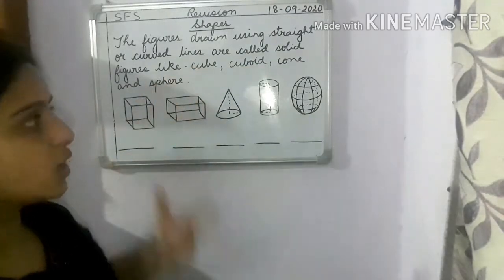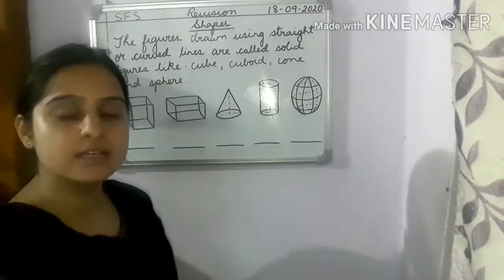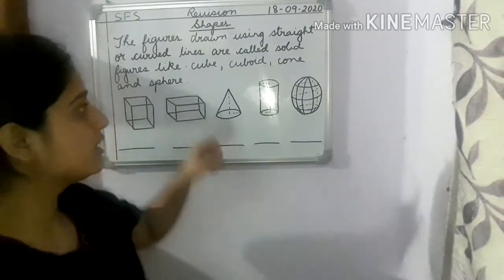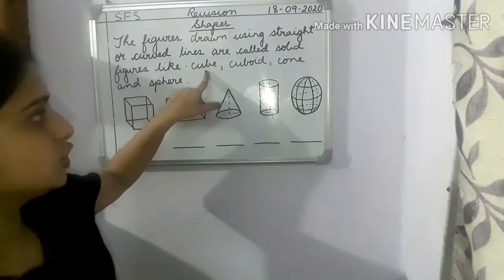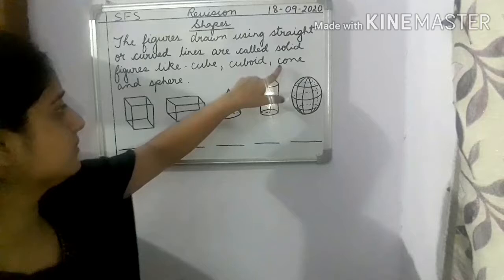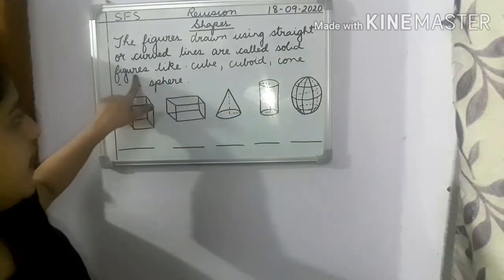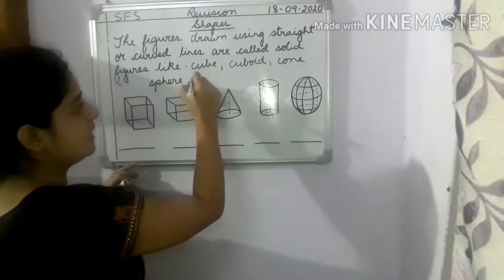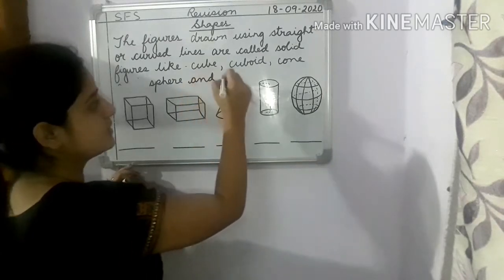So which are the solid figures? Can you name some of the solid figures, children, which we have studied in the class? We have studied cube, cuboid, cone, sphere and, children, cylinder.